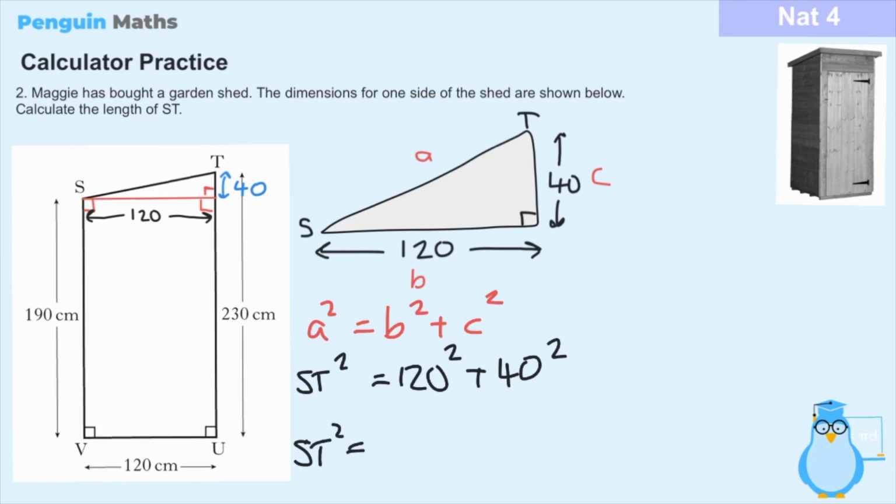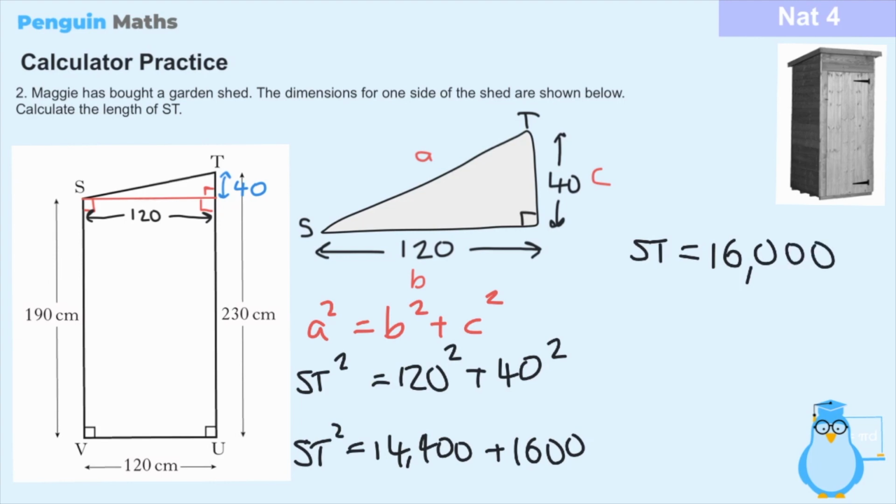So 120 squared will give us an answer of 14,400, and 40 squared will give us an answer of 1,600. If we add both of them together, 14,400 plus 1,600 will give us an answer of 16,000.